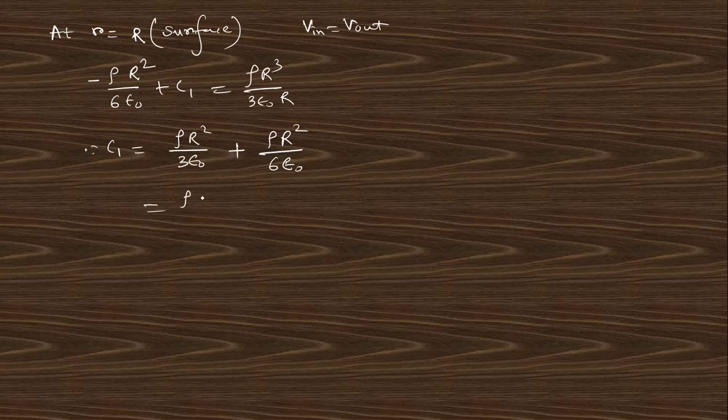If you take rho R squared by 3 epsilon naught, this is 1 plus half, which is 3 by 2, so this will be 3 rho R squared by 6 epsilon naught.